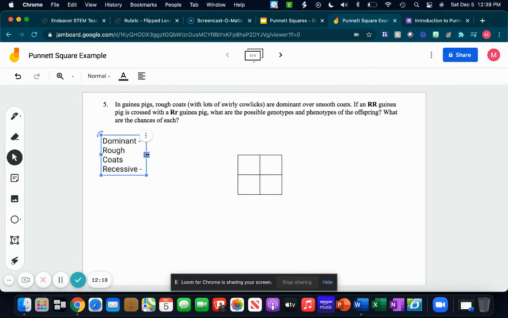I'll make this bigger so it'll fit. And then for recessive, we have smooth coats. That is just again to help me remember which trait is dominant, which one's recessive.